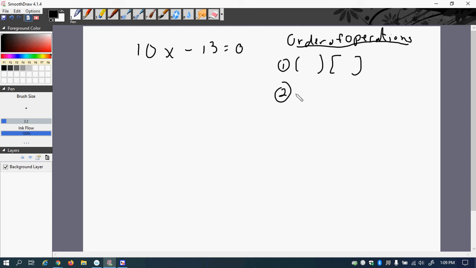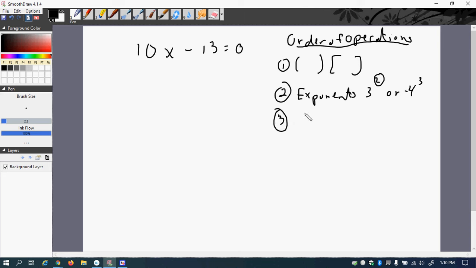Second step is I have to do exponents. So exponents are another thing I have to consider. That would be something like 3 to the second, or negative 4 to the third. This is my exponent here. And so I don't see anything in this particular problem, so I don't have to worry about that, but I would have to take that into consideration.